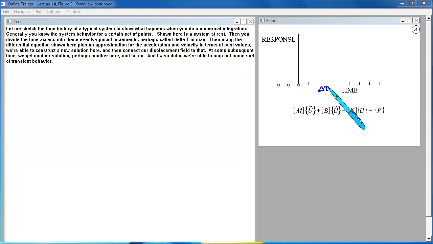Then, using the differential equation shown here, plus an approximation for the acceleration and velocity in terms of past values, we're able to construct a new solution here and then connect our displacement field to that. At some subsequent time, we get another solution, perhaps another here, and so on. And by so doing, we're able to map out some sort of transient behavior.